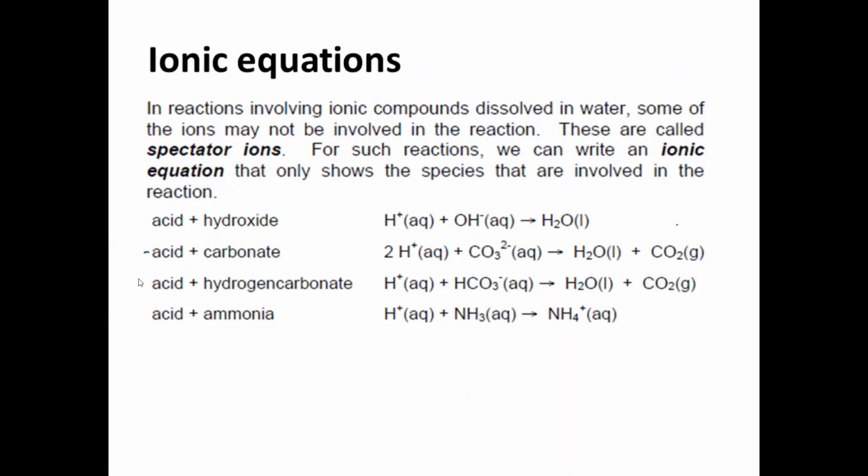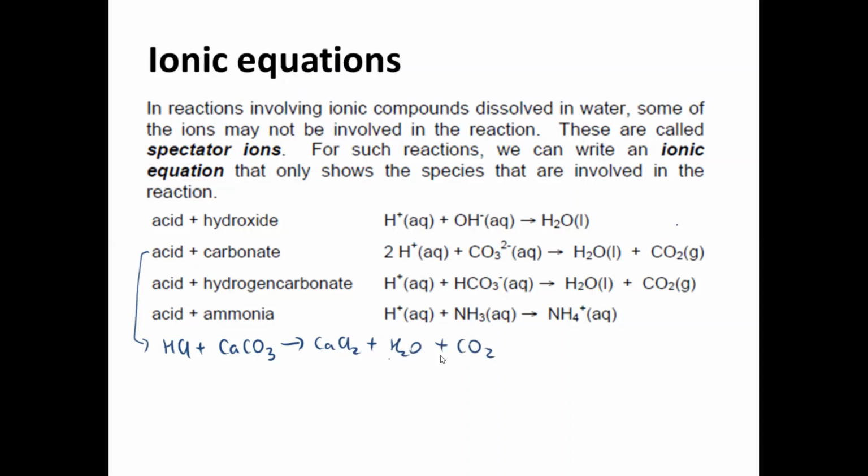So how did that happen? Let's have a little look at an example. For example, HCl plus CaCO3, right? So we've got acid and carbonate. That would give us CaCl2 plus water plus CO2, because it's salt plus water plus carbon dioxide.